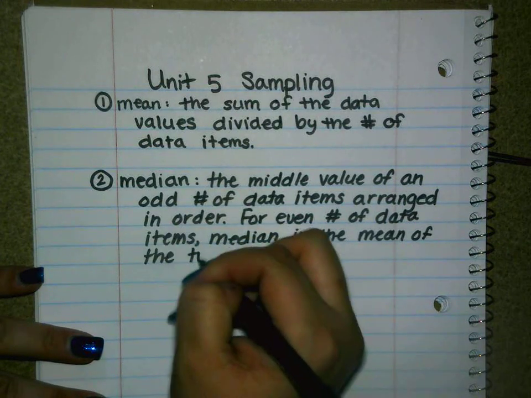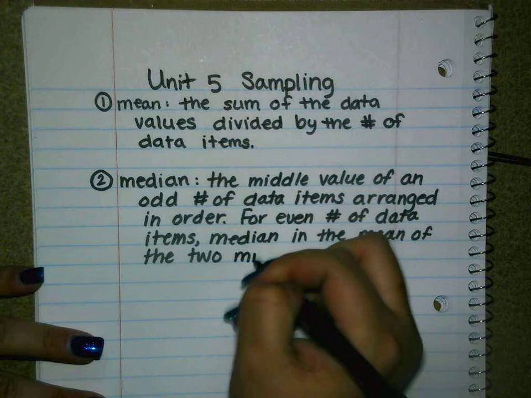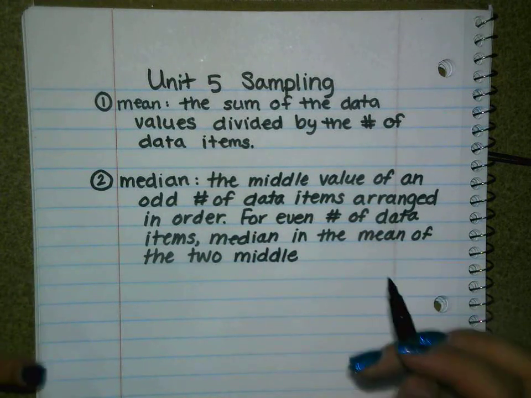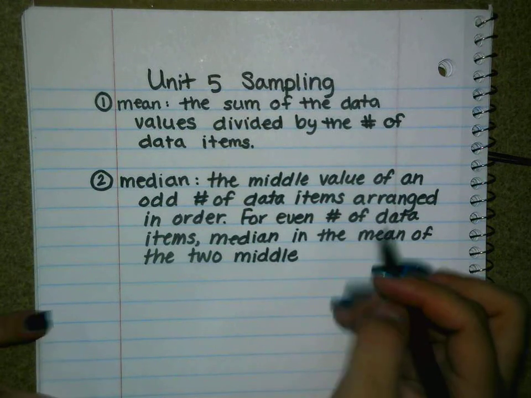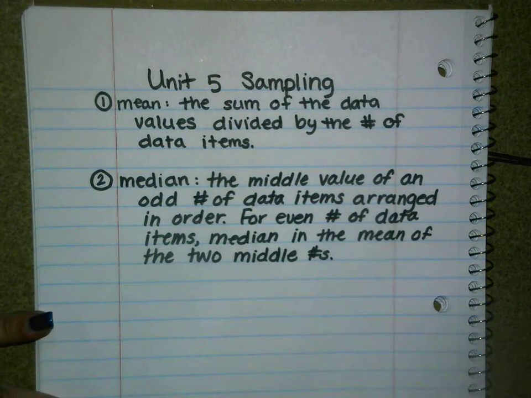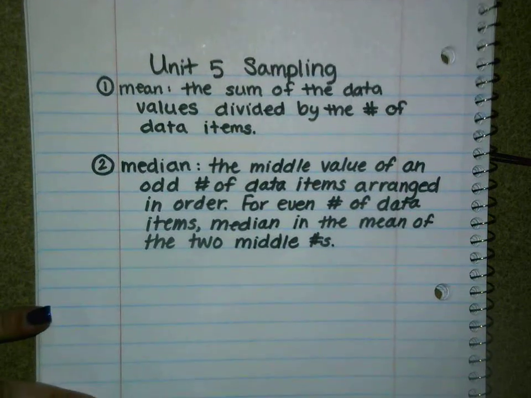So you're going to line them all up. You're going to find the two most middle numbers if it's even, and you're going to take the mean average, which is the traditional average, of the middle two numbers. Okay, and again, we'll do more examples with this when we get to our notes.